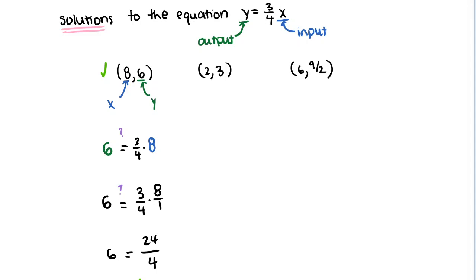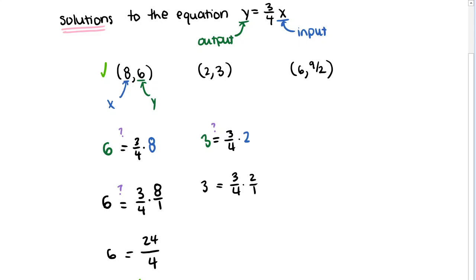So here I'm going to plug in 2 for x, 2 for our input variable, 3 for our output variable, and I'm going to ask, does it make our equation true? Well, again, we can multiply 3 over 4 by 2, and so this is the same as 3 over 4 times 2 over 1.